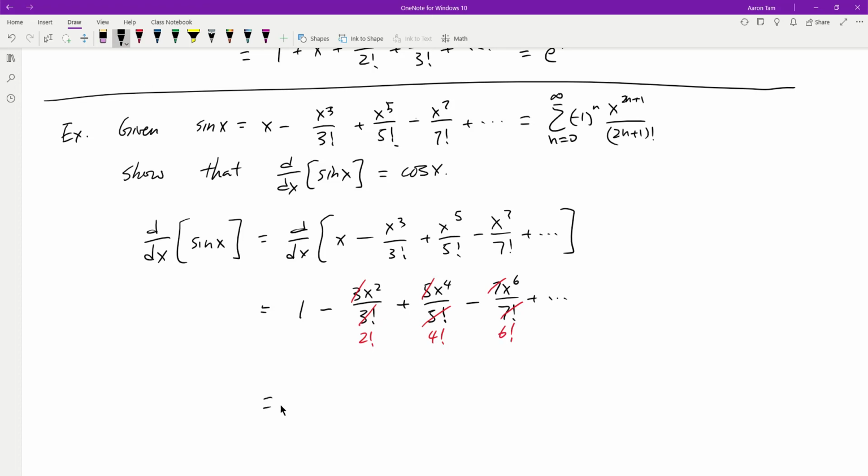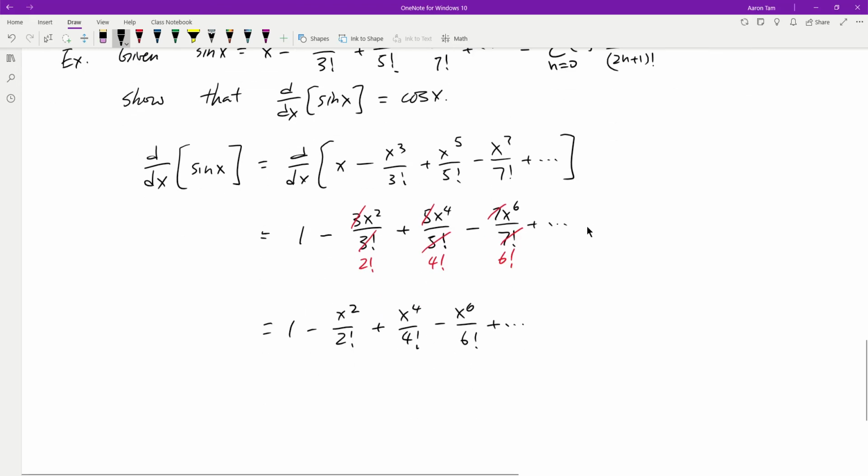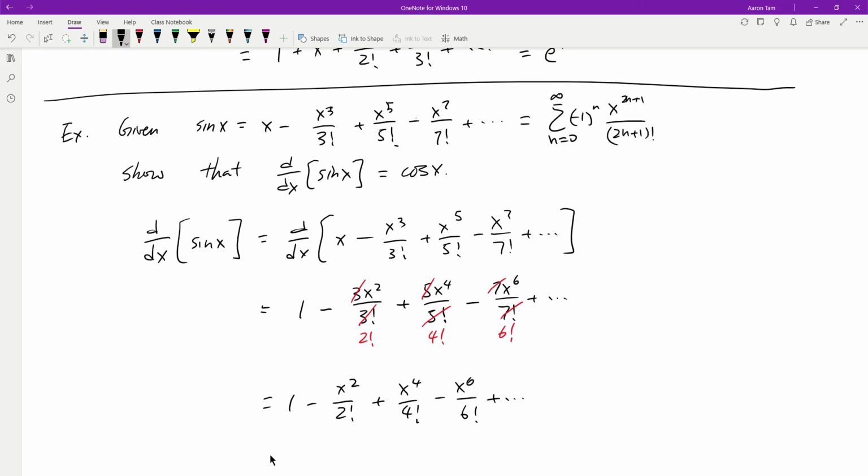So that comes out to be 1 minus x squared over 2 factorial plus x to the 4th over 4 factorial minus x to the 6 over 6 factorial plus dot dot dot. And so that clearly comes out to be cosine x.